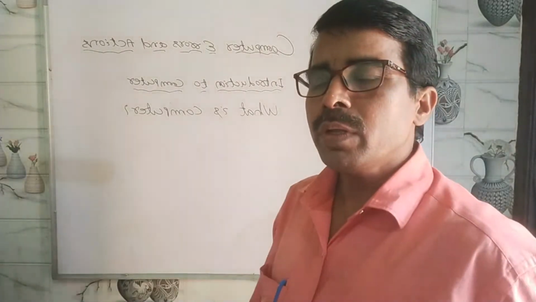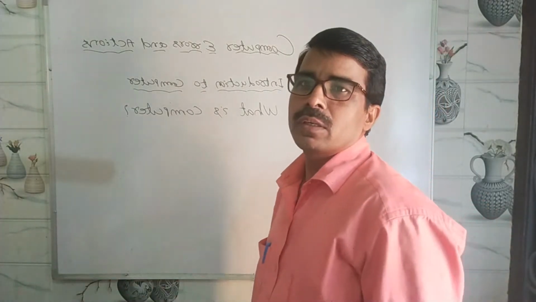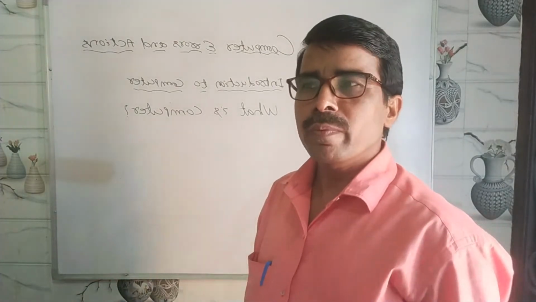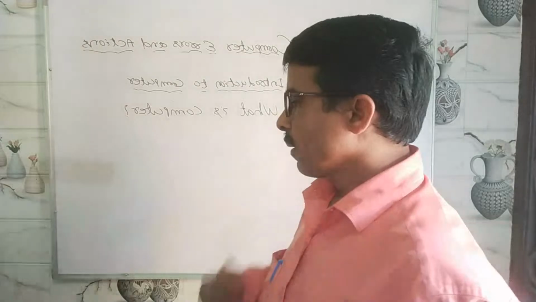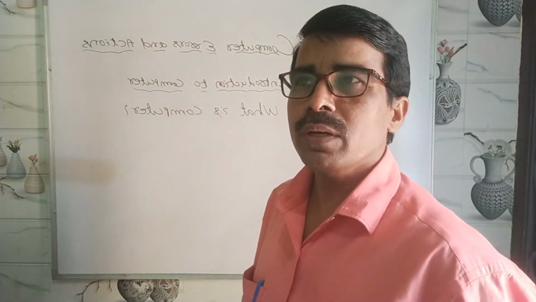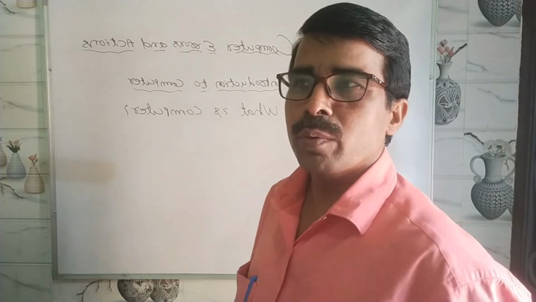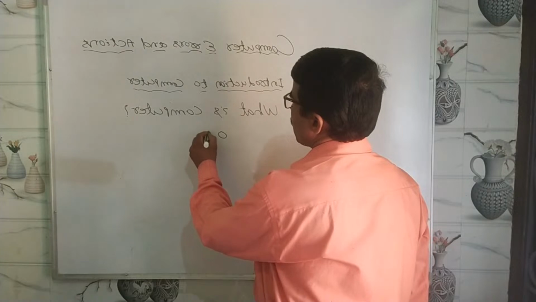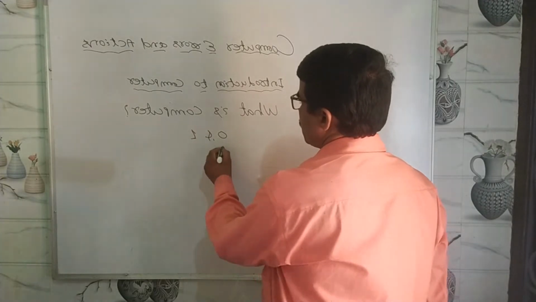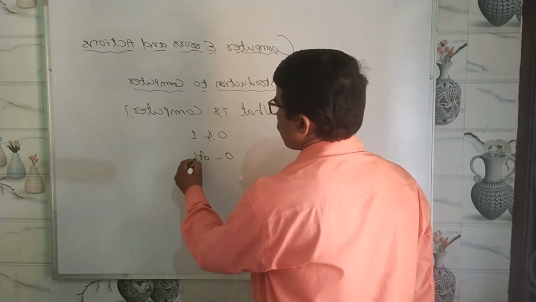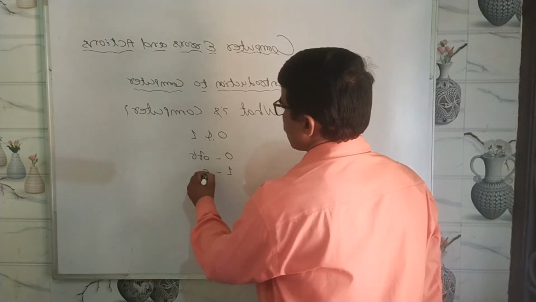A computer is an electronic device which receives binary language like 0 and 1, as you may know before. 0 means off, 1 means on.